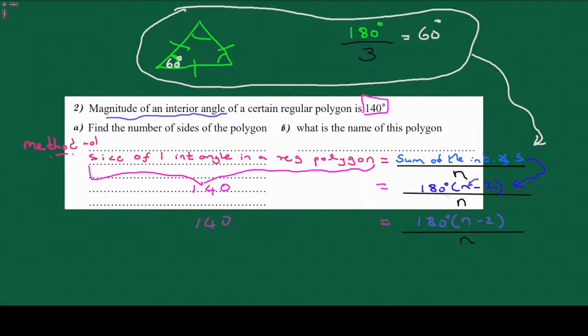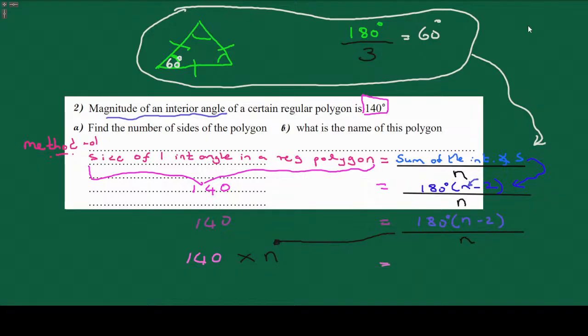How do we find out n's value? There are multiple ways to solve this equation. I'll just show you one way. So 140. We can ask this division n, this black color division n, to go to the other side. When division n goes to the other side, it becomes multiplication n. Alright.